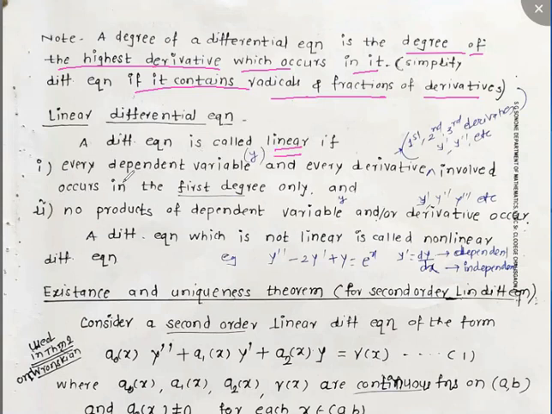If every dependent variable, so usually we take y as a dependent variable and we write dy by dx, x is independent variable.